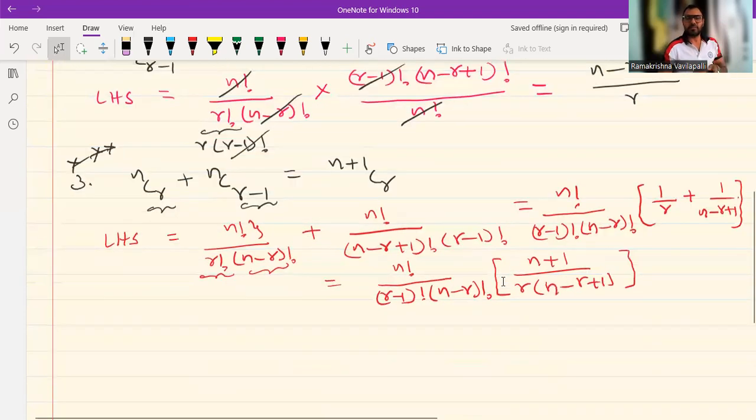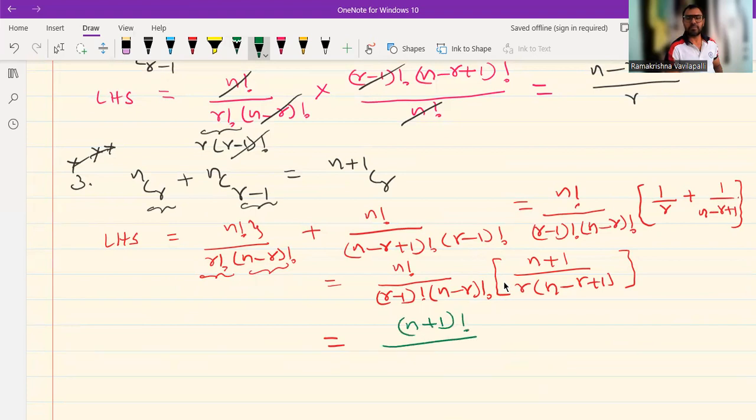Further, we can write this as: (n plus 1) into n factorial is nothing but (n plus 1) factorial, whole by r into (r minus 1) factorial, which is nothing but r factorial.